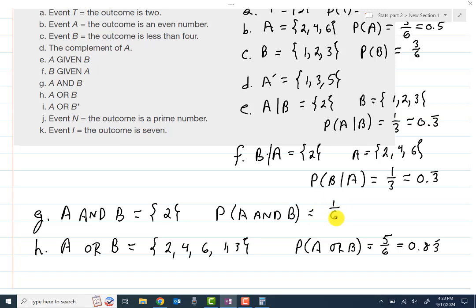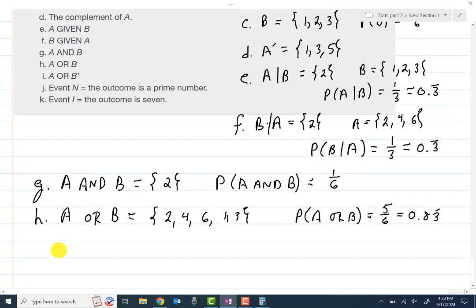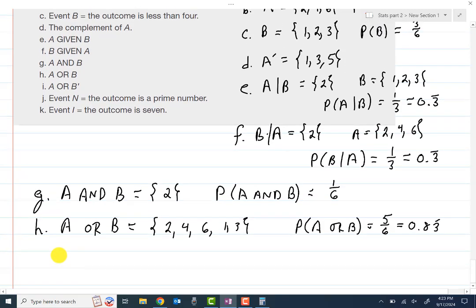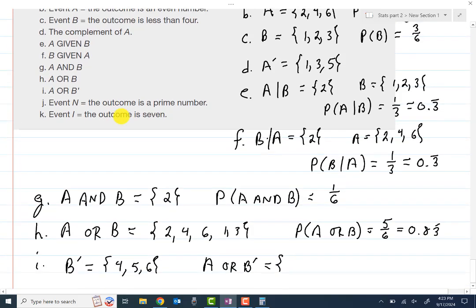So we have A or B, A or B prime. Ooh. So that is I. Well, let me first get B prime. What's B? Where'd it go? B is 1, 2, 3. So B prime is 4, 5, 6. So then we want A or B prime equals, all right, let's start with A. A had 2, 4, 6.